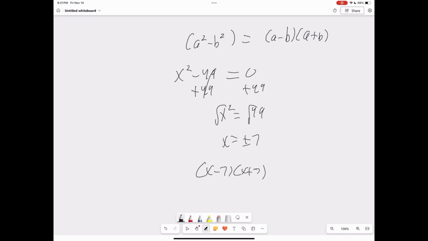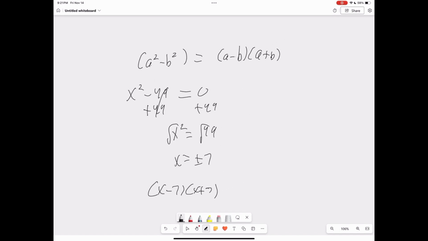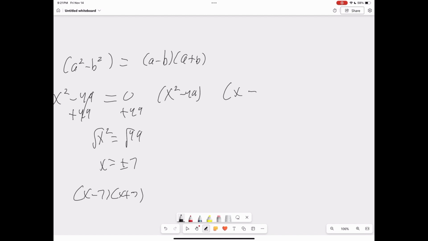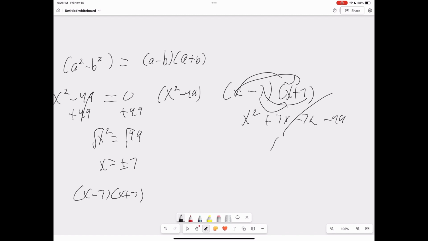If you memorize it, all you would do is take this x squared minus 49, copy an x, and recognize that 49's square root has a negative and a positive, so you just get this. You end up with the same answer. We can verify by FOILing. Remember, with difference of squares, the b terms are always going to cancel out, and we get x squared minus 49, so it's verified.